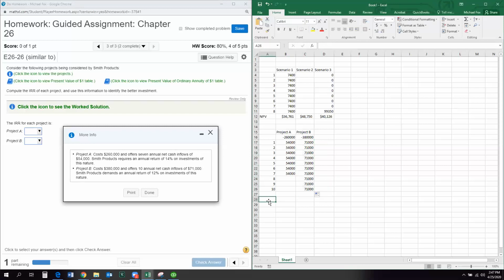So then we can find our internal rate of return by using the function equals IRR and just highlight the values. We don't have to worry about the guess. We could do the same thing for project B, equals IRR, highlight the values, including the initial negative value. So we do that for both of them.